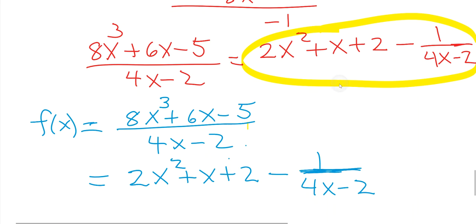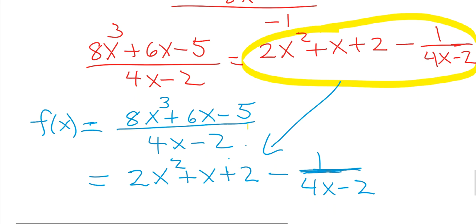So I just simply write this as my simplified, well, I wouldn't really call it simplified, but it's the quotient. After I divide, this is what I get. So f of x equals 2x squared plus x plus 2 minus 1 over 4x minus 2 is my remainder.